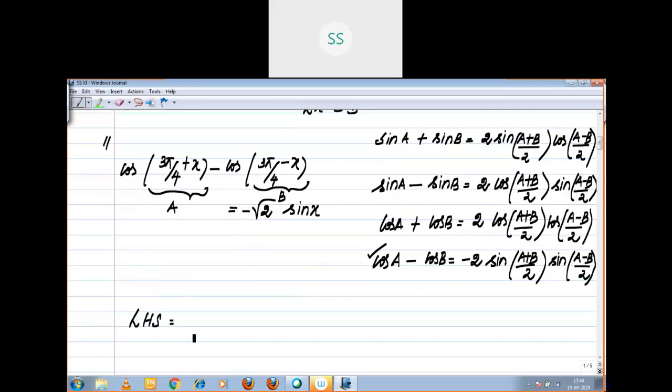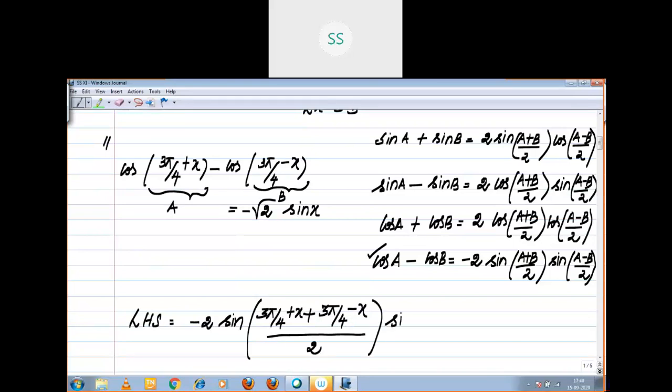LHS equals minus 2 into sin of (3 pi by 4 plus x plus 3 pi by 4 minus x), the whole thing divided by 2, into sin of (3 pi by 4 plus x) minus (3 pi by 4 minus x).